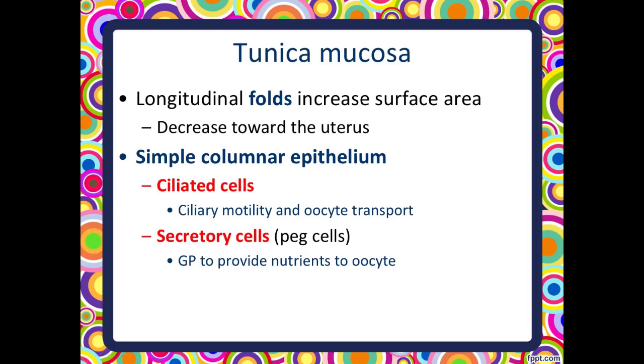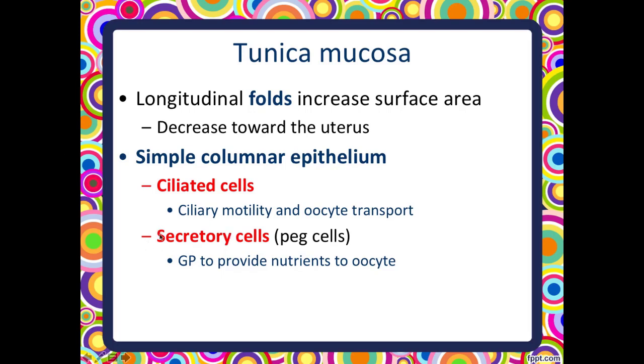They have cilia on their apical surface, and the movement of these cilia helps the oocyte to be transported towards the uterine cavity, and a small part of these cells also moves their cilia towards the ovary to help sperm reach the ovum.